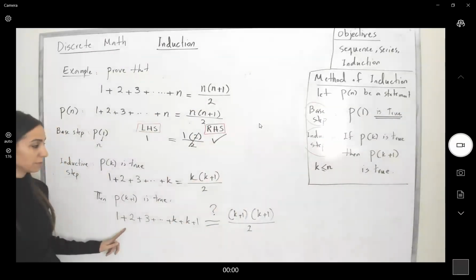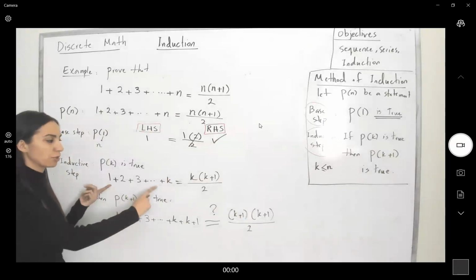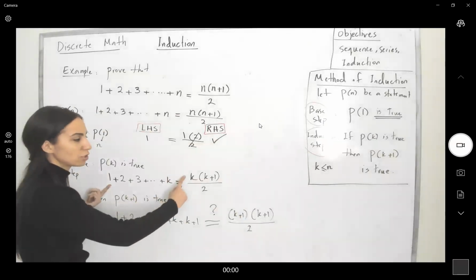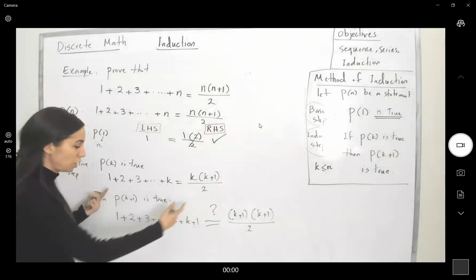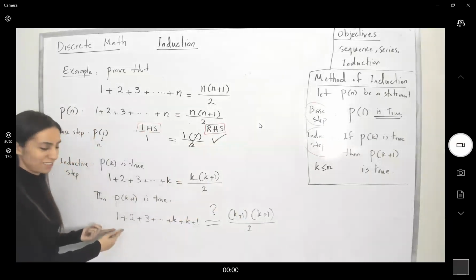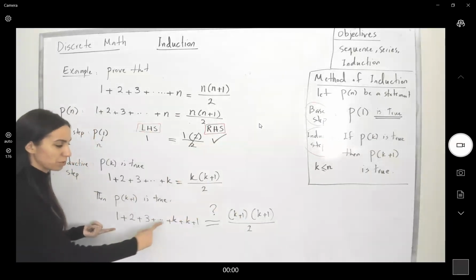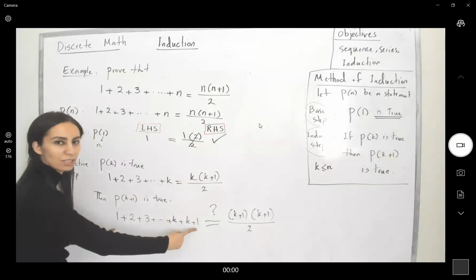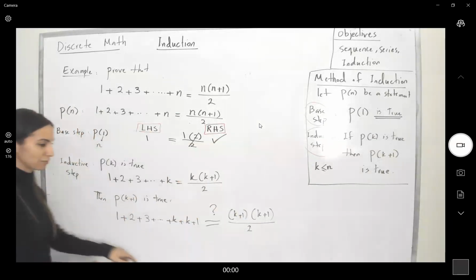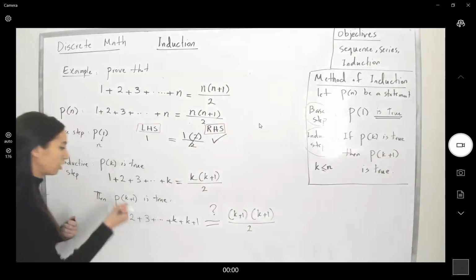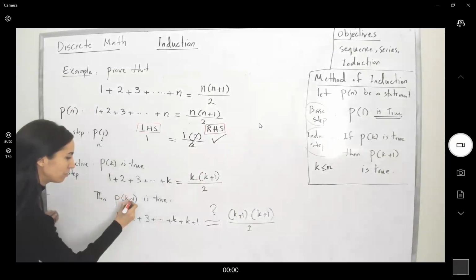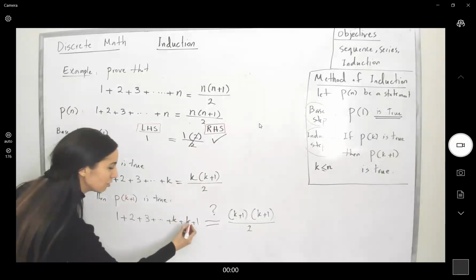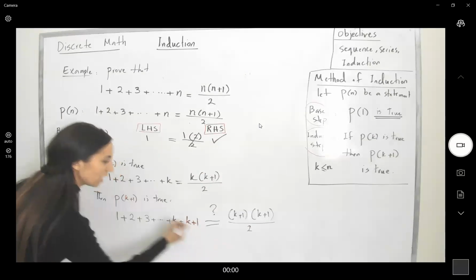I want to show that. I know that 1 plus 2 plus 3 up to k is equal to k times (k plus 1) divided by 2. I want to show that 1 plus 2 plus 3 up to k plus 1, this is P(k+1). So my last term is k plus 1.